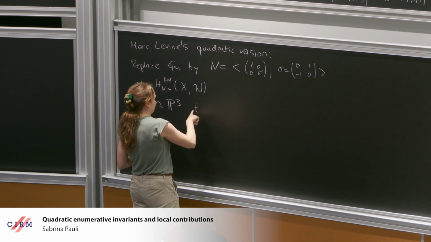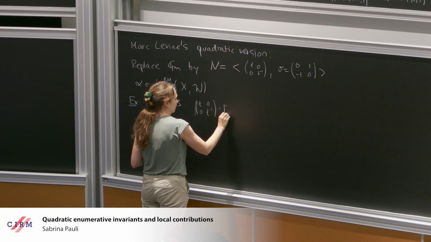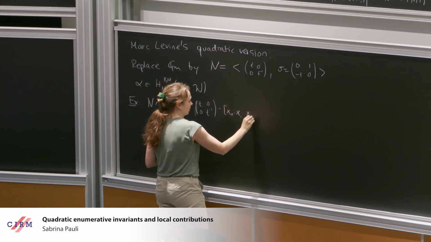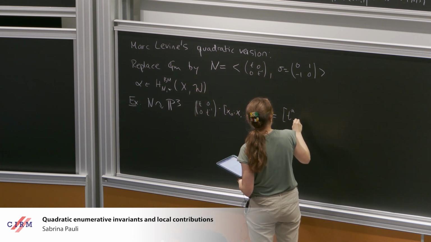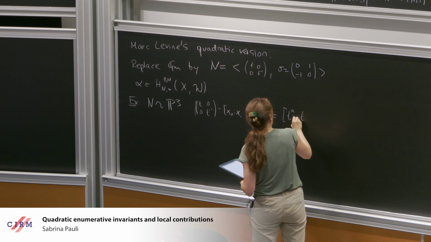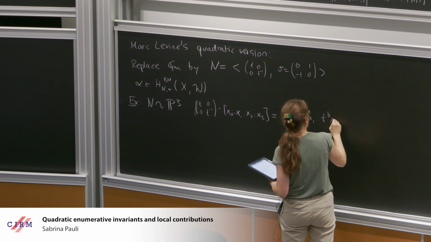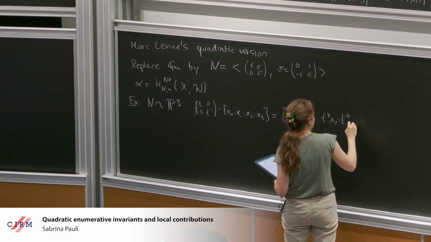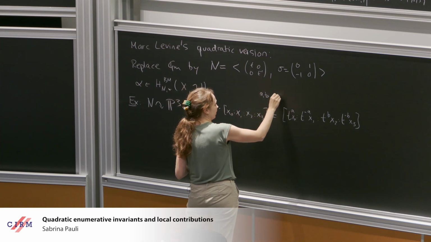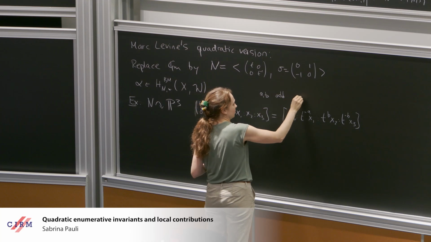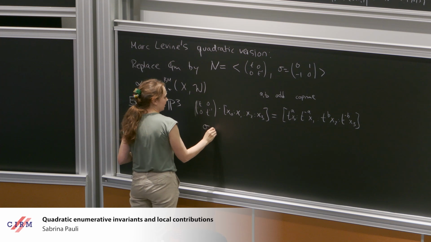Let me write it as this guy acting here as t to the a x0, t to the minus a x1, t to the b x2, t to the minus b x3. And I guess I want to pick a, b odd, and also coprime. And I also need to tell you how this sigma acts.